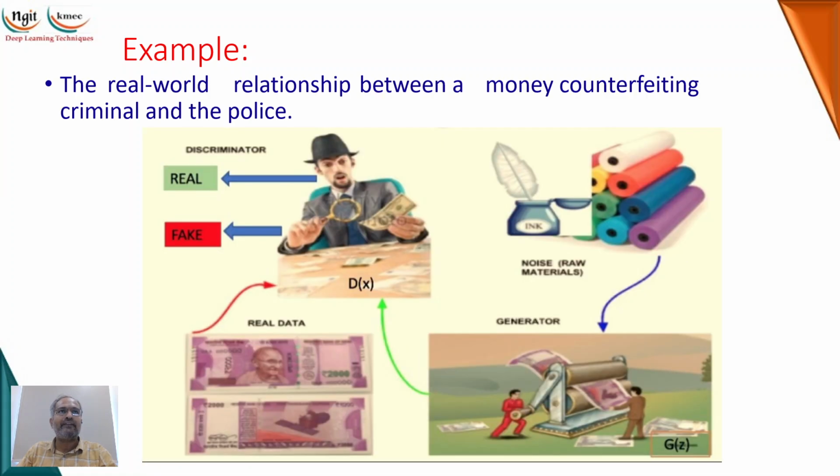Now this is a small example to represent this: fake note printing. See here, this is the generator, this is the discriminator. The fake note generator does the printing, and the discriminator is always trying to check whether it is real or fake. Based on its feedback, if it identifies the note as fake, we have to train more and generate the image again.